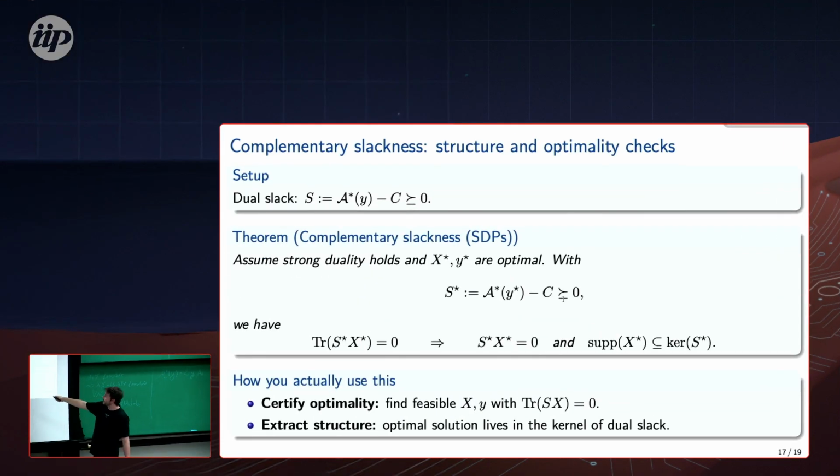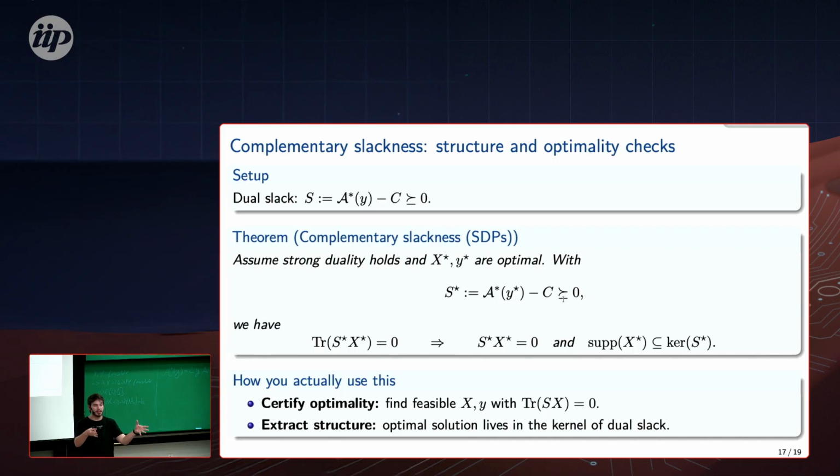So if you look at the optimal A star of Y minus this matrix C, which we'll just call S as before, then we know that the product of S with X actually has to be 0. This gives you some extra information about what optimal points look like. You can use this both to certify optimality, and it gives you structure for optimal solutions.